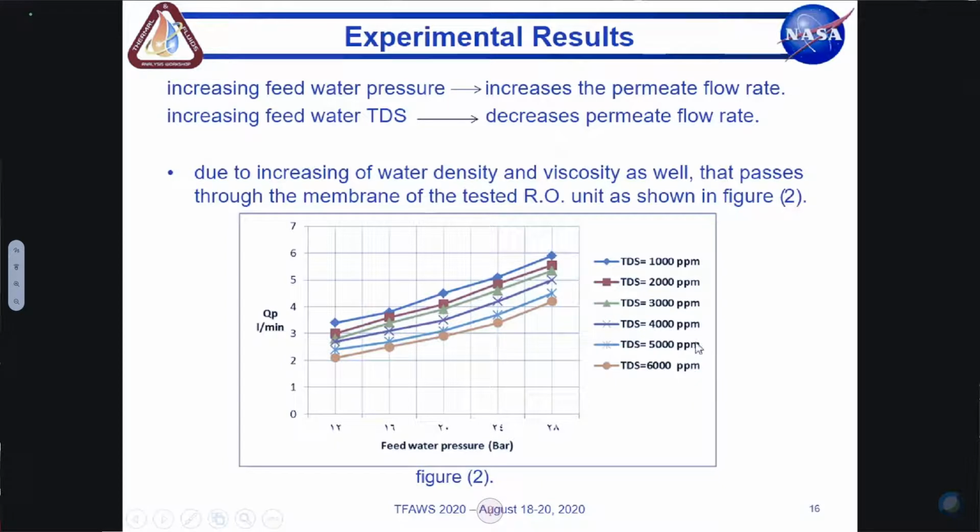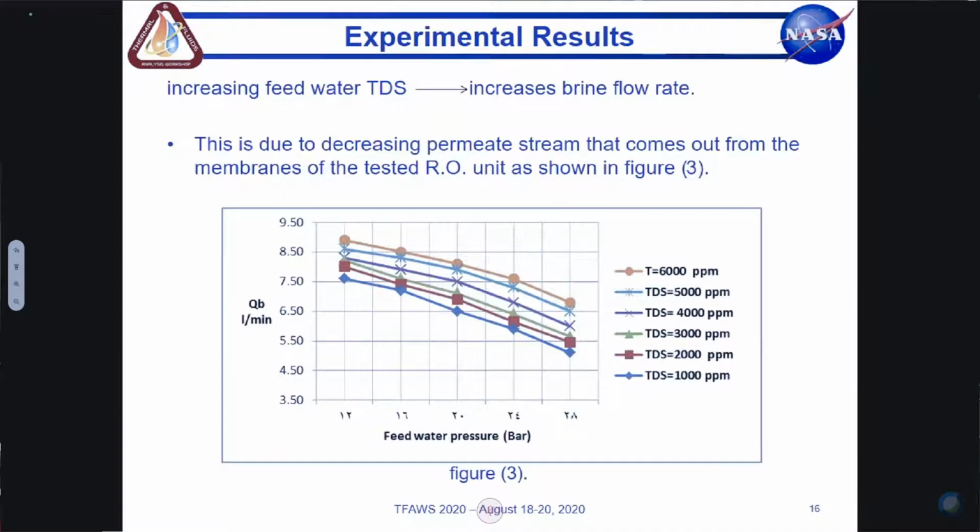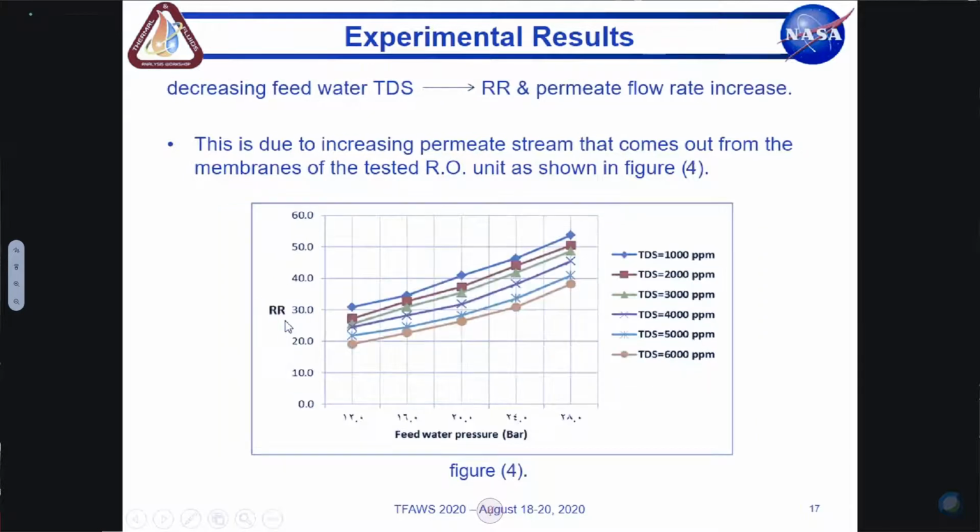Our results here. I have several results. The first result: we found that increasing the feed water pressure increases the permeate flow rate. And increasing the feed water total dissolved solids decreases the permeate flow rate.